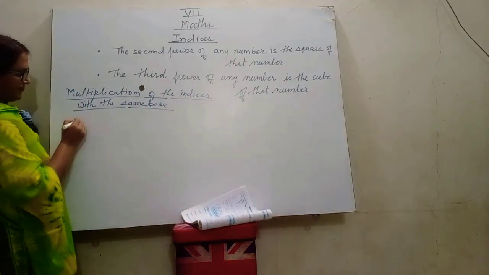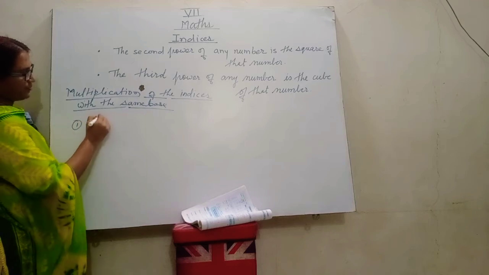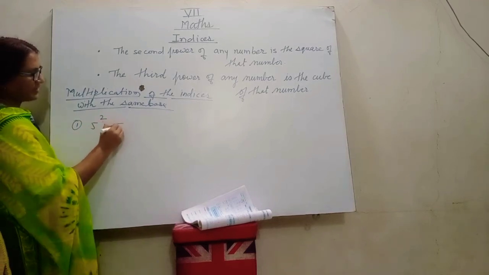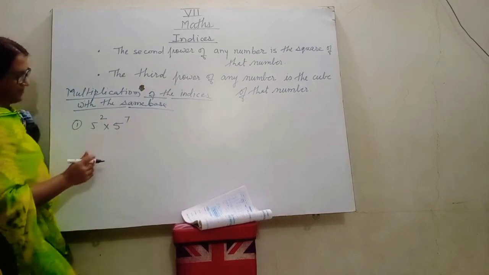For example, 5 raised to the power 2, or 5 square, multiplied by 5 raised to the power 7.